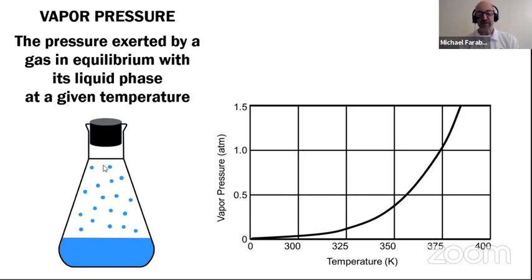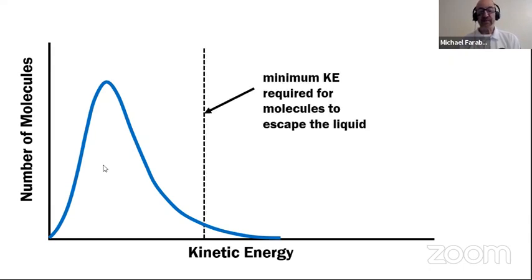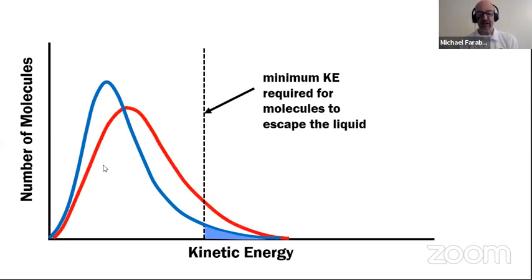So Mr. Byrne had talked about these Maxwell-Boltzmann curves. Here's an example of a Maxwell-Boltzmann curve for a colder temperature of the liquid. And here is the minimum kinetic energy required for molecules to escape. So you can see that only a small fraction of the molecules are going to have the ability to escape the liquid. And so what happens when we raise the temperature is we increase the average kinetic energy of the molecules.